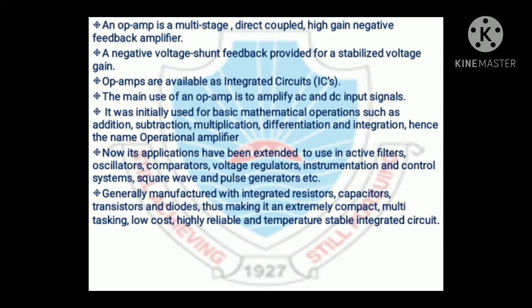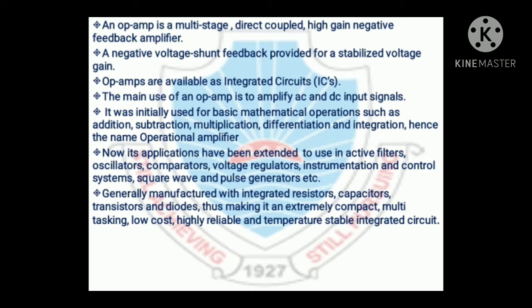This was initially designed to perform basic mathematical operations such as addition, subtraction, multiplication, differentiation, and integration, and hence its name is operational amplifier because it performs mathematical operations.